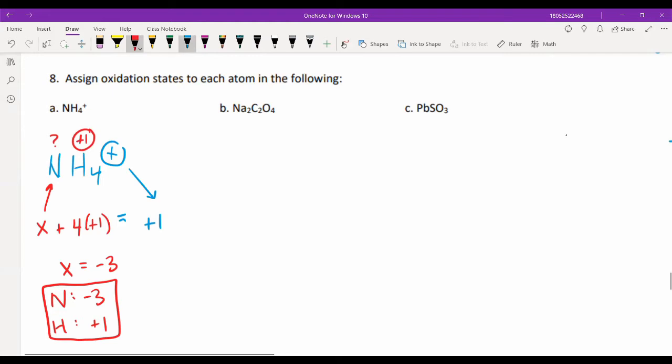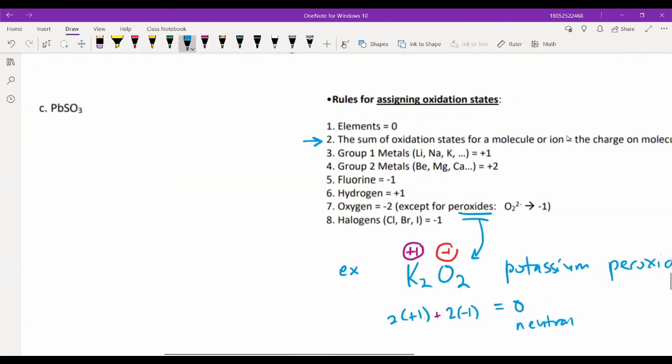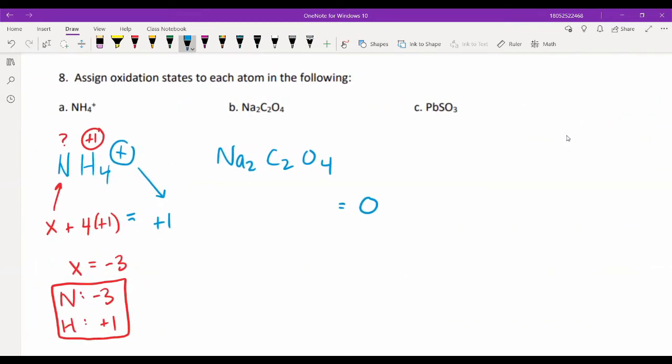Again, breaking these down, you can go through your list, always remembering what they need to add up to. This is neutral, so it's going to add up to 0. If you go down the list, you have group 1 metals as the first priority. So let's assign this as +1, and we're going to have 2 of those. Carbon, there's not really a rule. Oxygen, there is a rule for -2, and that's mostly what it is in most cases.